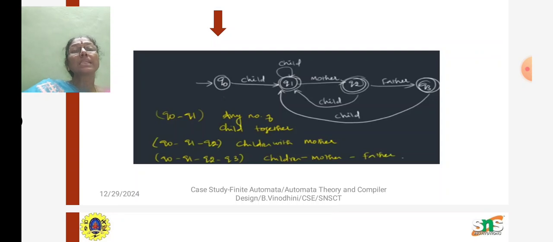The next pattern is child, mother and father. That is Q0, Q1, Q2, Q3.